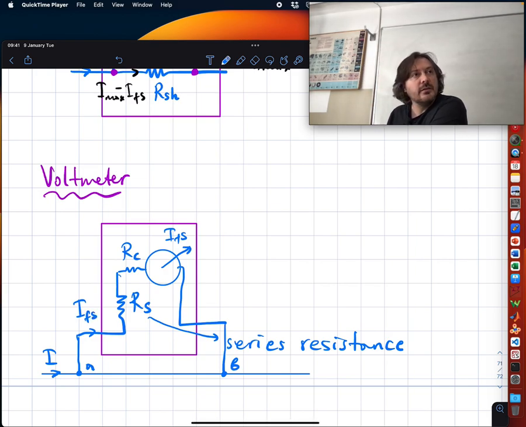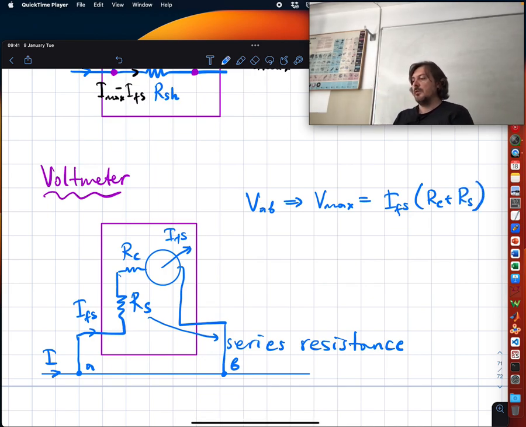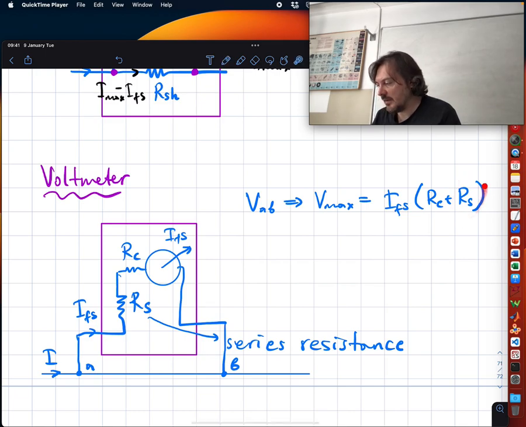So full scale current flows through here, over here, and the potential difference VAB, let me call it V max, will be IFS times RC plus RS, right? So as you can see, this time I can change RS as I wish to measure higher and higher voltages. I can change it such a way that maximum deflection in the galvanometer current corresponds to maximum voltage that I'm going to measure. All right?